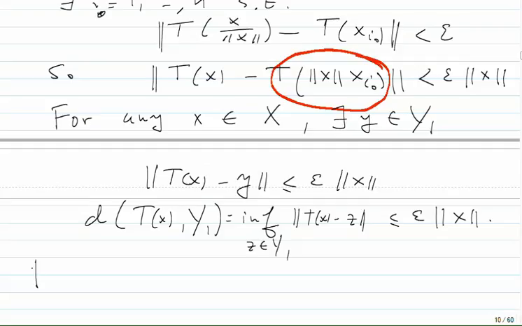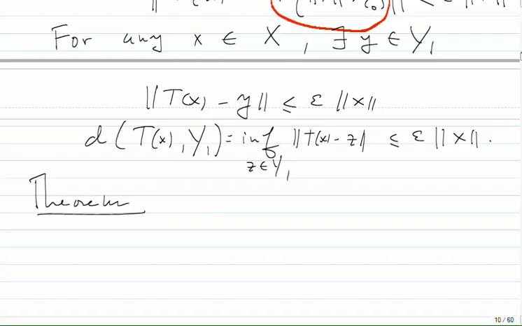So that is exactly what we meant by the range being approximated by a finite dimensional space. So here we have a theorem which gives us property number 2 for the range. Let X, Y, and T be as before. So we are assuming that X and Y are normed spaces, and T is a linear operator which is compact.